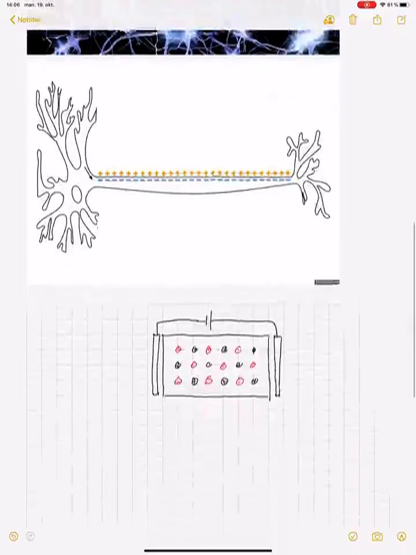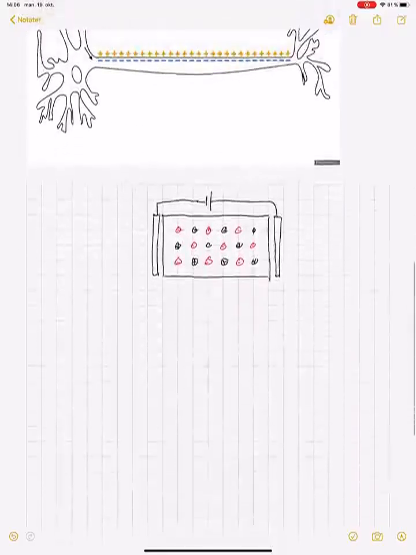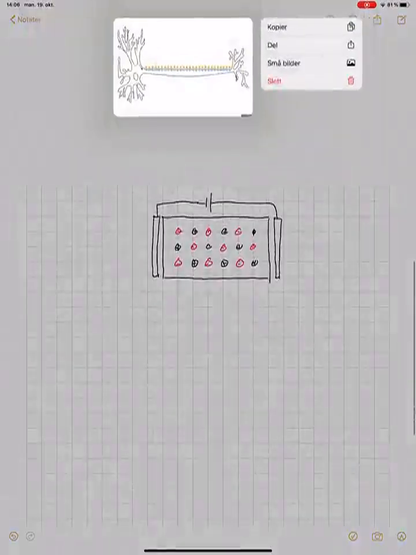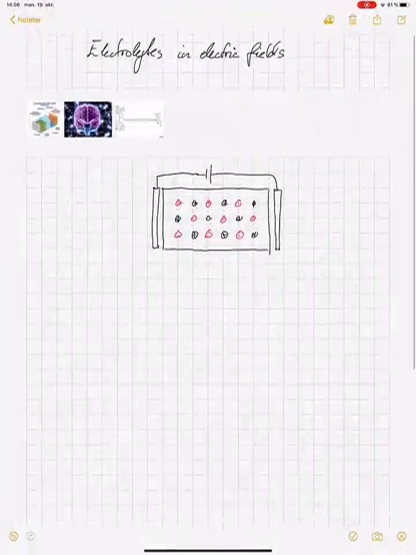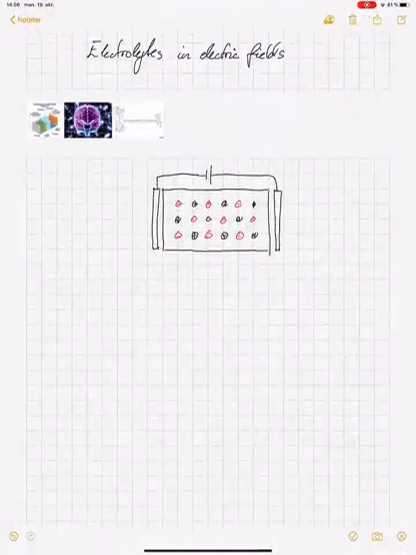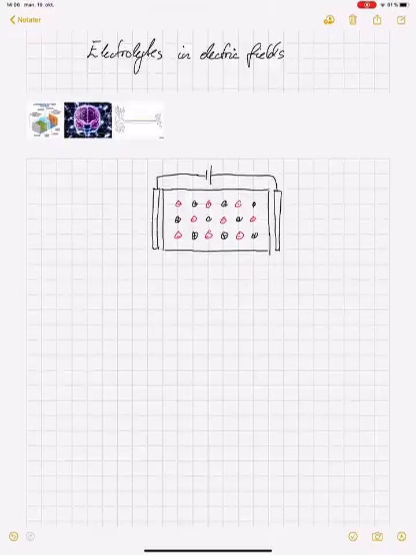So to signify this, I've started drawing a small electrolyte, or a small electrolytic cell. This box is our cell, and inside we've got some positive and negative ions.